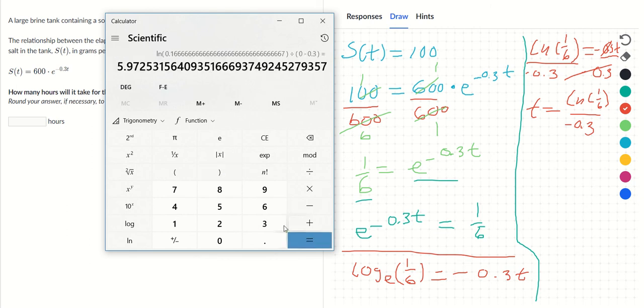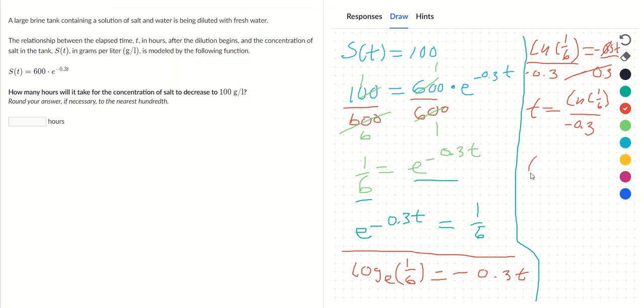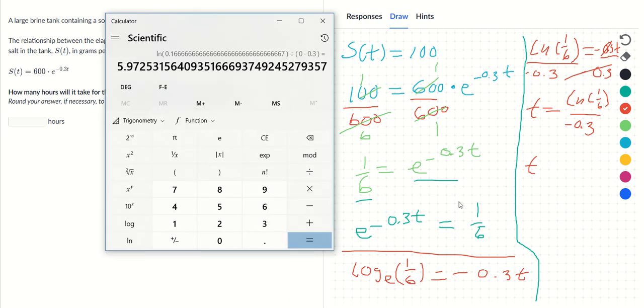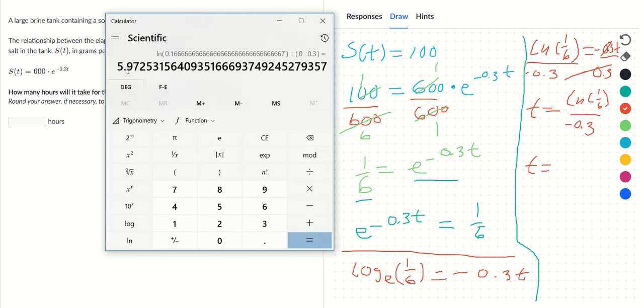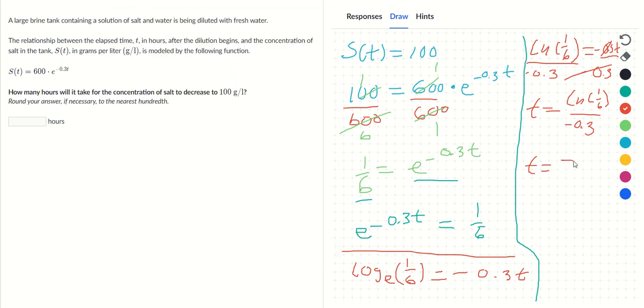So t is going to equal 5.97, because they tell me to round it to the nearest hundredth. And so that would be the answer here.